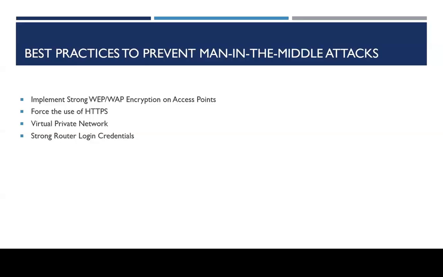HTTPS just encrypts the traffic that is being sent between the clients and the server, right? So if you are able to implement HTTPS, which I'll be showing you what would happen if we had HTTPS within the environment, an attacker would not be able to read data that is being sent, because without HTTPS, it's being sent in clear text.